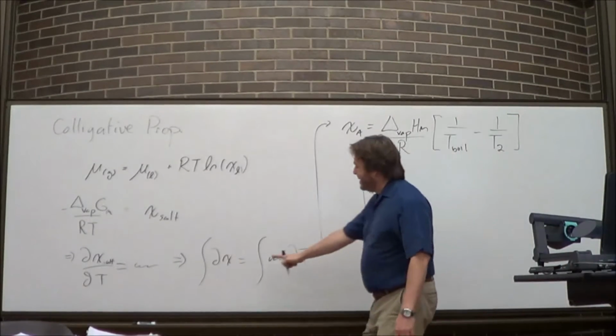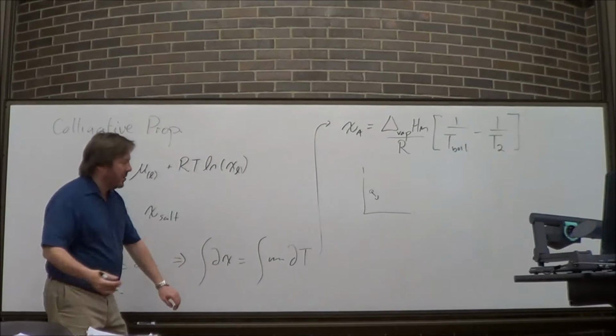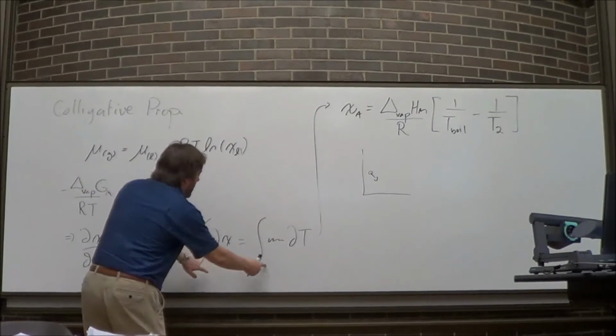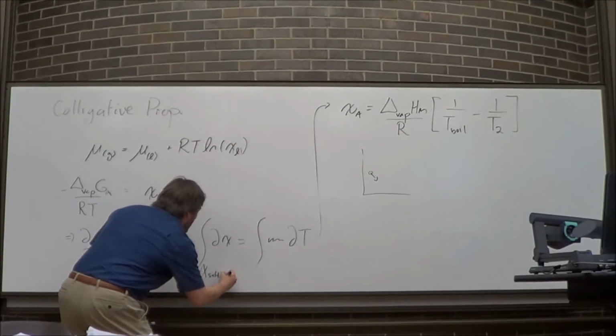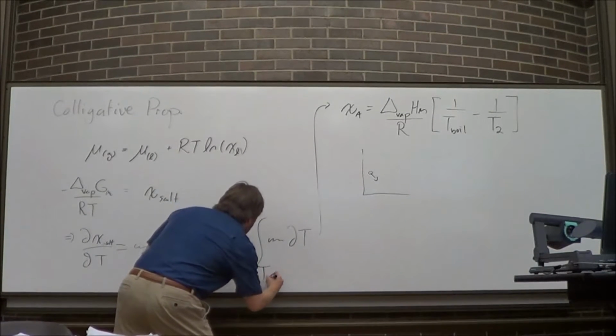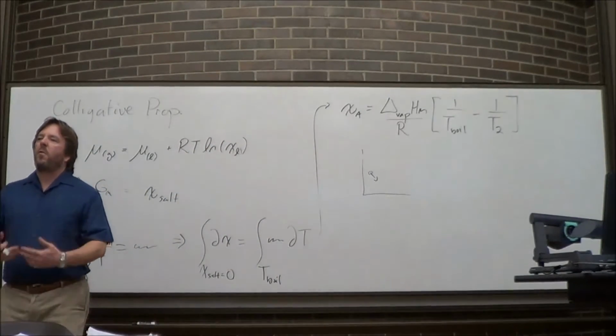Remember how we matched, how you had to do it on your homework? The reason I had you do it on your homework was because of this. You match your starting point. The mole fraction of salt was originally 0, and you're at the normal boiling point of water before you add the salt.